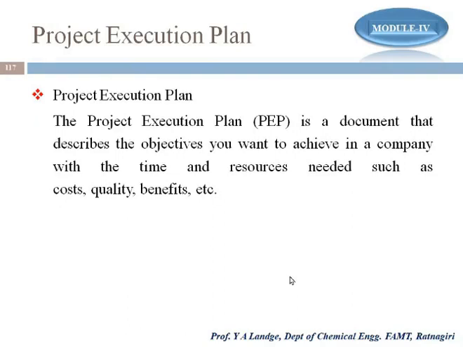What is the first step, the second step, the third step, and how can I implement it? Where do I get the money, the resources, the technology? I collect each and everything and make one plan for executing the project, and that is called the execution plan. It is a document that describes the objectives you want to achieve in a company within a time, which is very important, and with the given resources needed to achieve them.